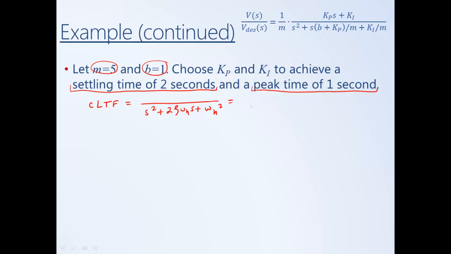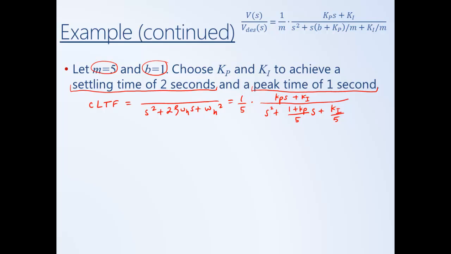And our transfer function, once I substitute in values, will have 1 divided by m, which is 5, times a numerator of Kp s plus Ki, and then a denominator of s squared plus (b plus Kp) divided by m times s, plus Ki divided by m, where m is again 5.